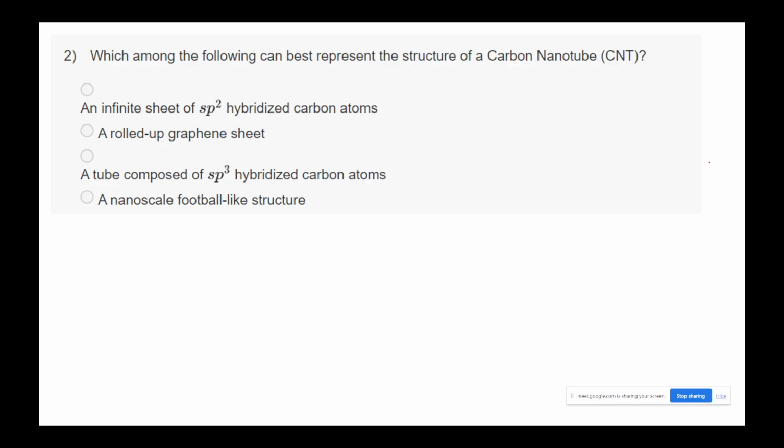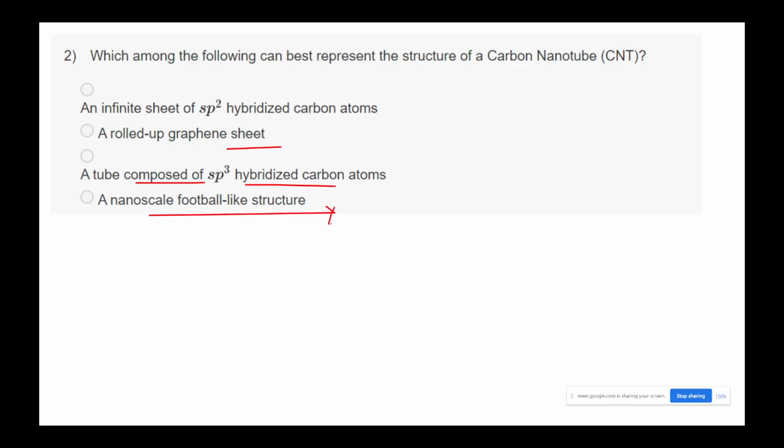So let's see, I will discuss also some questions, then I will take some more examples. Which among the following can best represent the structure of a carbon nanotube? An infinite sheet of sp2 hybridized carbon atoms, a rolled up graphene sheet, a tube composed of sp3 carbon atoms, or a football-like structure.